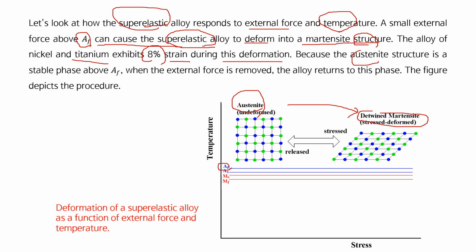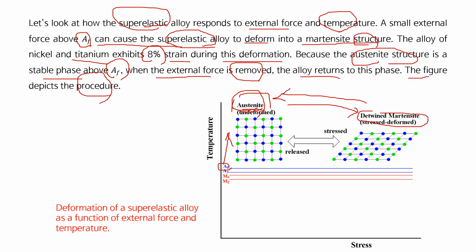Because the austenite structure is a stable phase above AF. Okay. So austenite structure is the stable phase above this temperature. So we stay at the temperature above the austenite finish temperature. Then when the external force is removed, the alloy returns to this austenite phase. So this figure shows this procedure of the superelastic alloy.